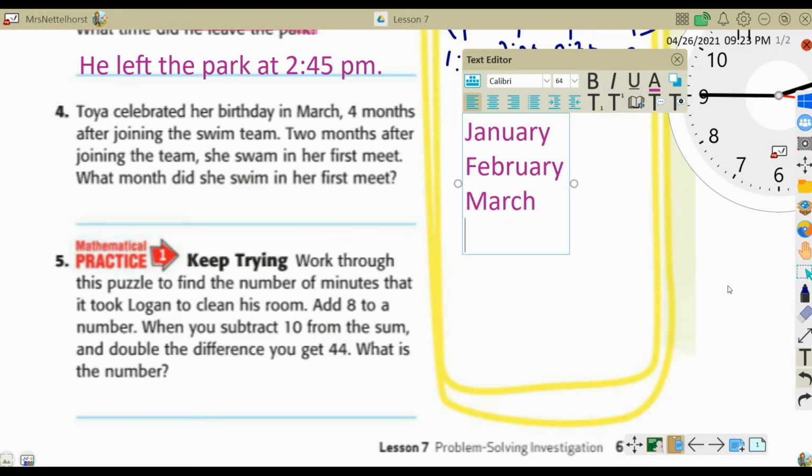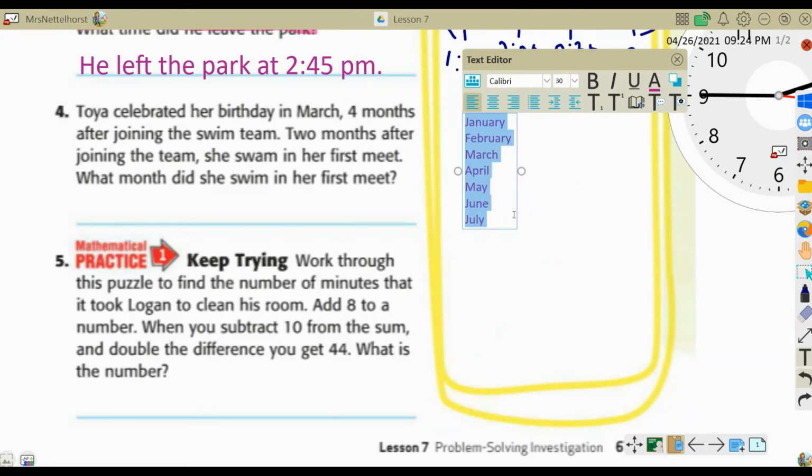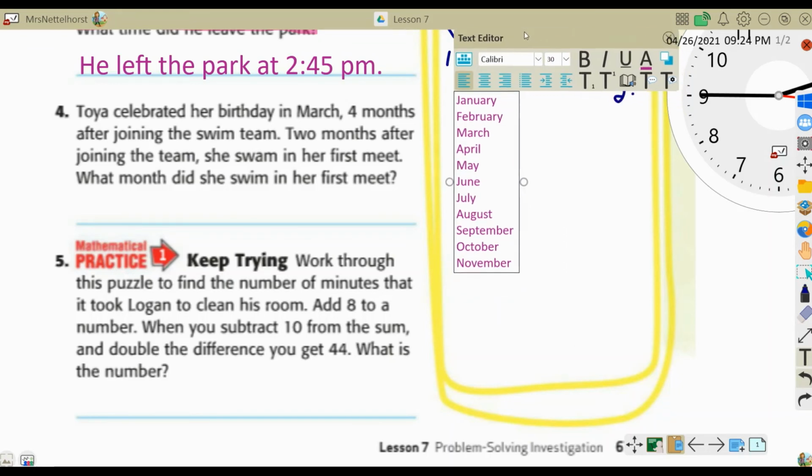February, March, April, May, June, July, August, September, October, November. Okay, so these are the months of the year.